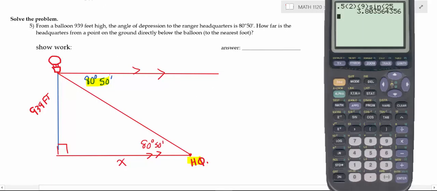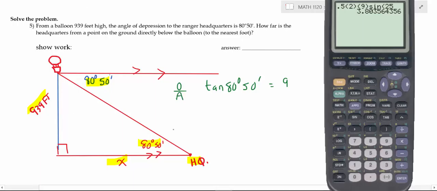Now, looking at these three sides in relation to this angle, we have opposite and adjacent, so we're going to use the tangent. The tangent of 80 degrees 50 minutes is the opposite over the adjacent. Did I just say hypotenuse? Pay attention here.